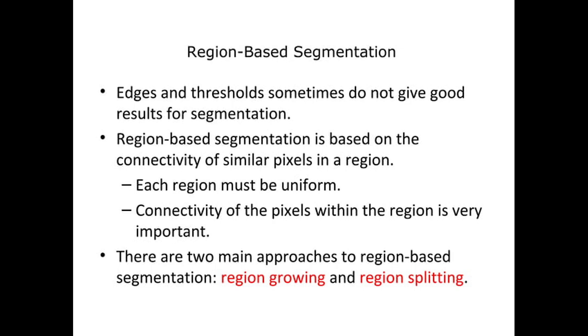What is the condition to connect similar pixels? Each region must be uniform. That is the first one. The second condition is that connectivity of the pixels within the region is very, very important. For edges that are disconnected, we use the Hough transform, but here we are going to connect the pixels. There are two main approaches for this region based segmentation.